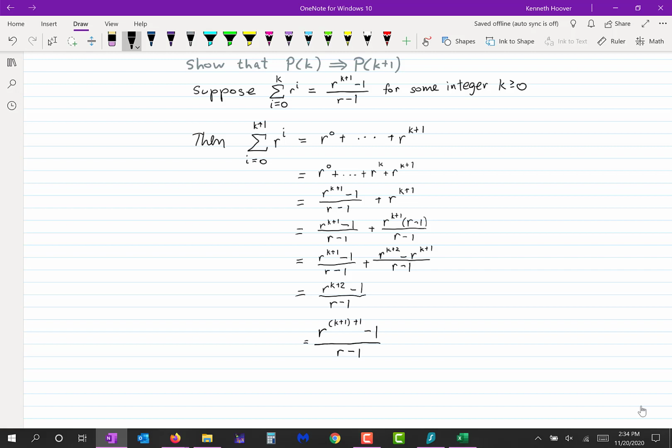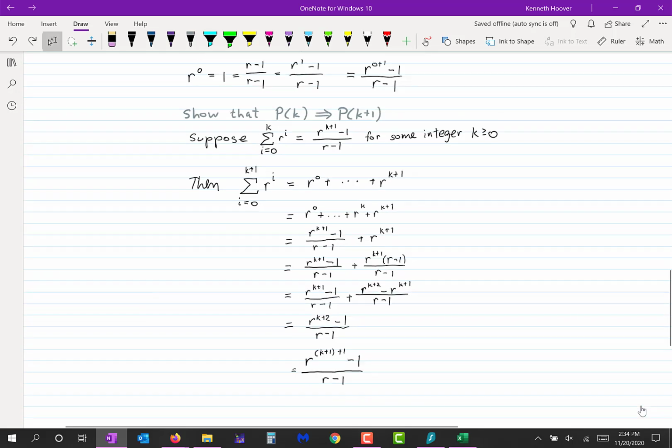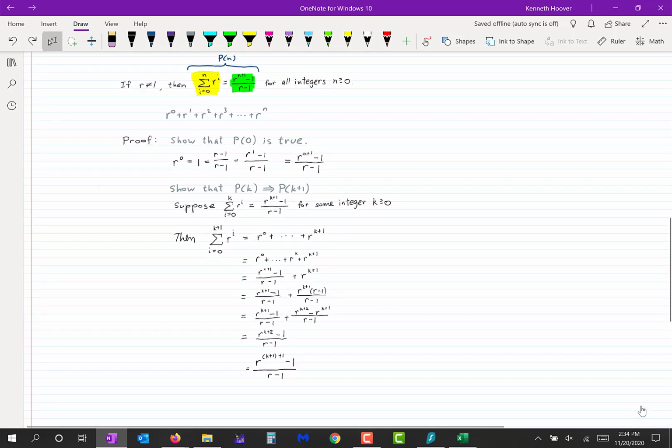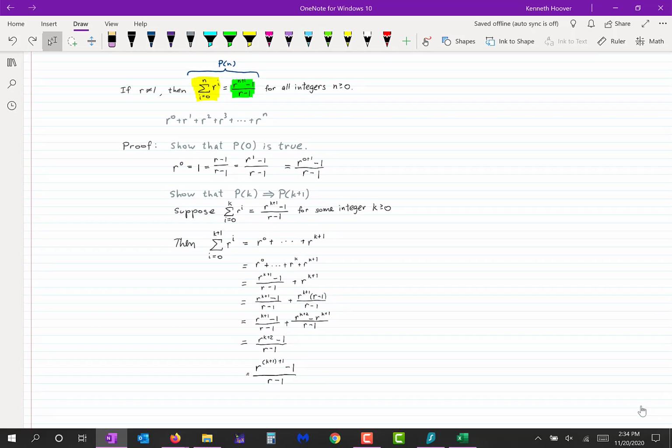And now I'm done because that perfectly bridges the gap between here and here. So we're done. Okay, it's a very handy trick. And once you get the hang of it, it's pretty routine. It's not very difficult usually. It's because it's the same pattern all the time.